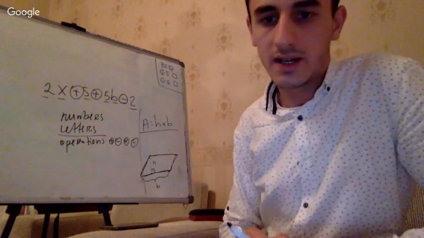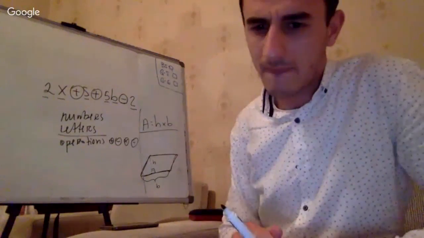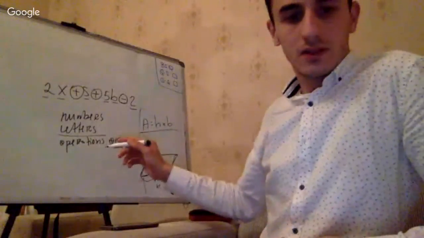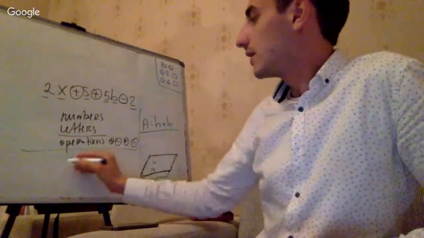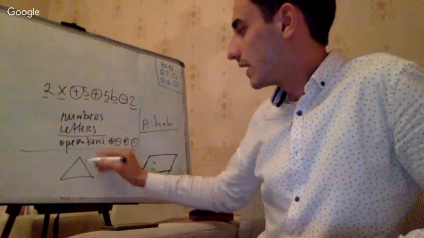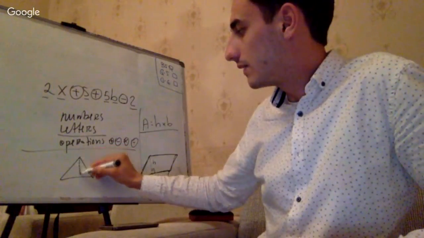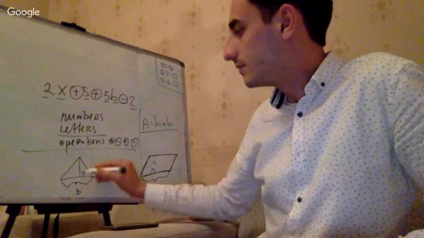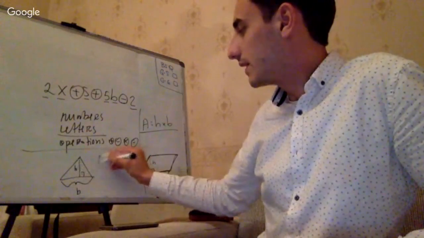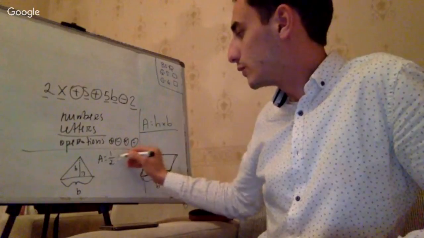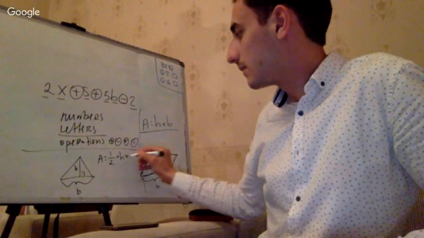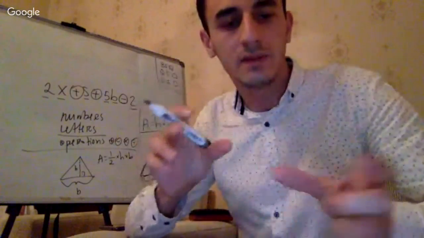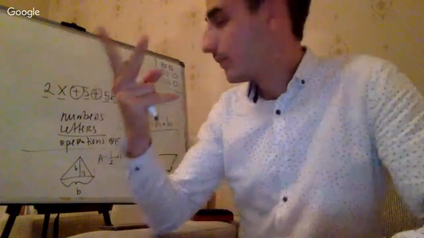Okay, Arif. Triangle. Okay. For the triangle, again, we need to know the height and the base, which is B. And here area is equal to 1 over 2 multiplied by height multiplied by B. Basically, you need to multiply the height with the base and divide by 2.